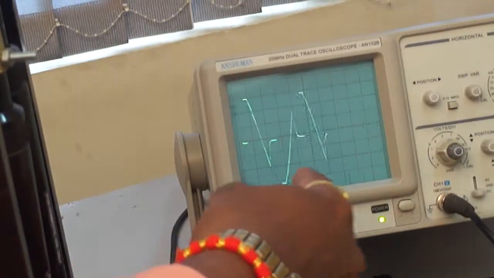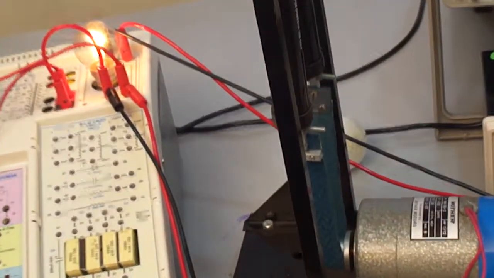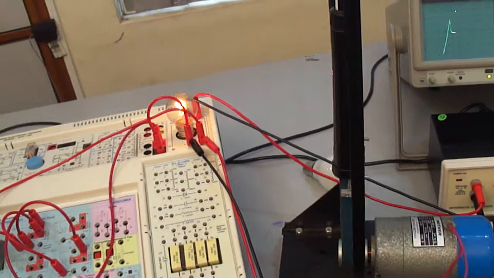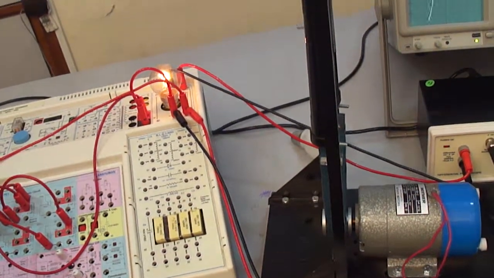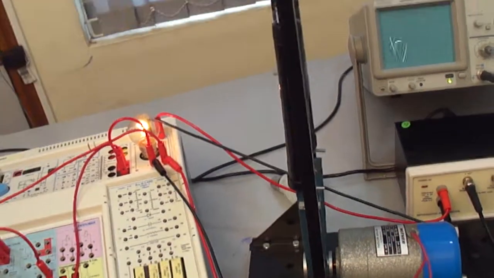So let us see the waveforms across this load. So you can increase or decrease the speed of this universal motor by changing the conduction pot.